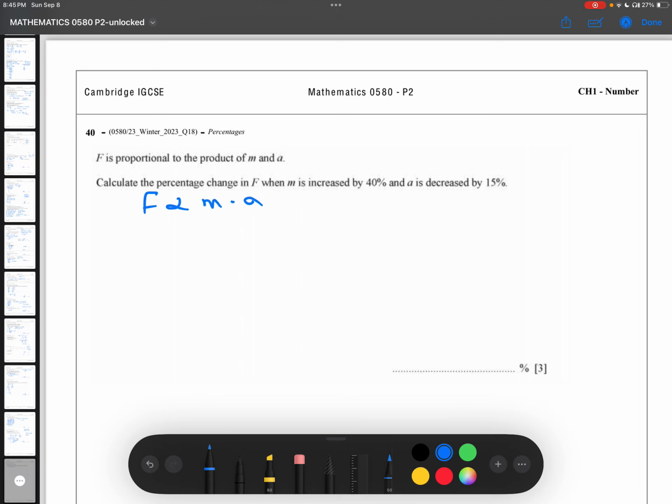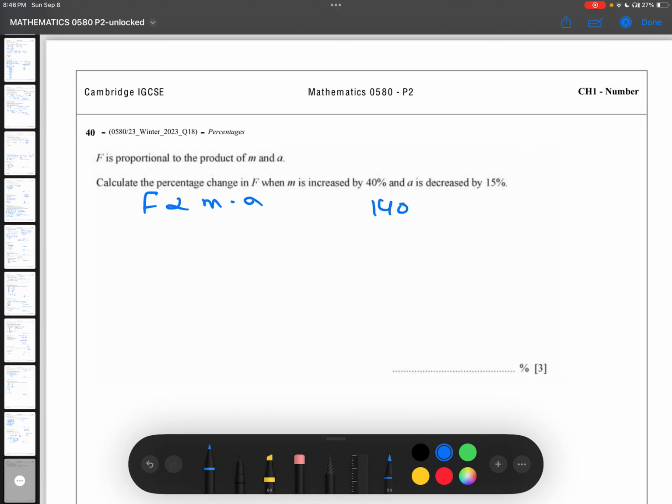If M is increased by 40%, then F will also be increased by 40%, as both the quantities are in direct relation. So it means the force becomes 140%.